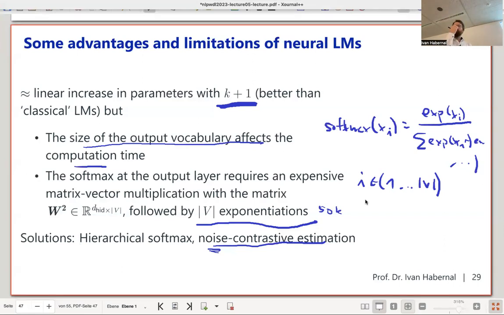Is exponentiation costly? Because we don't need to use e for that. We could use 2 as a base. Then it's just bit shifting. Okay, bit shifting.